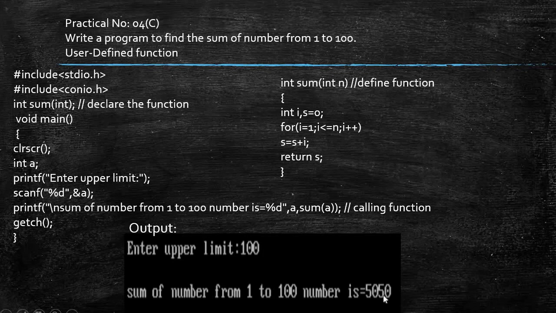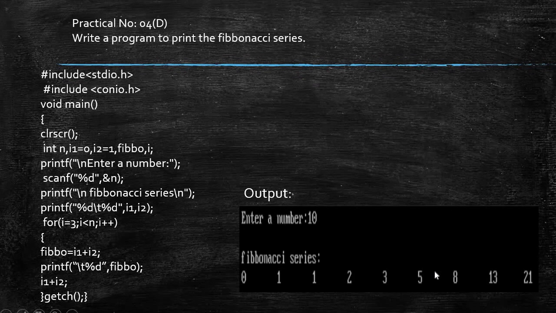that is 5050. Now we will move towards the next program, that is write a program to print the Fibonacci series. Now the Fibonacci series is a series of numbers in which each number is the sum of the two preceding numbers. For example, 1 plus 1 equals 2.